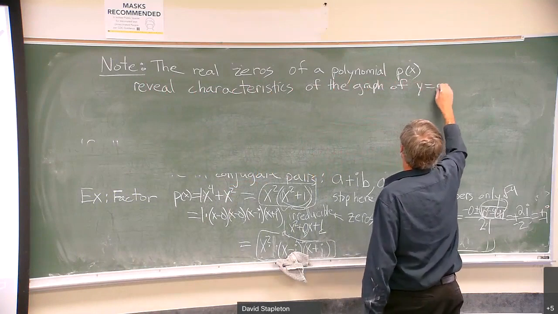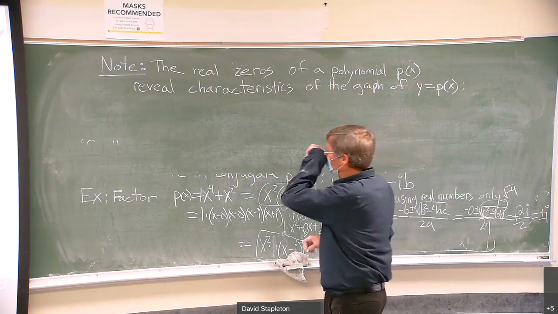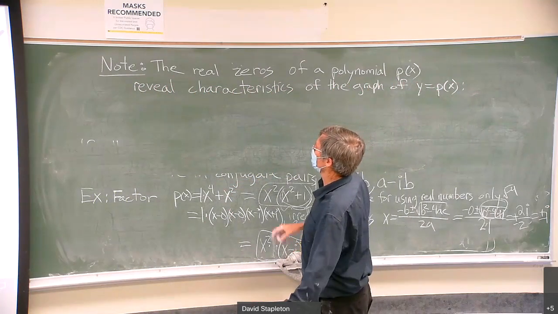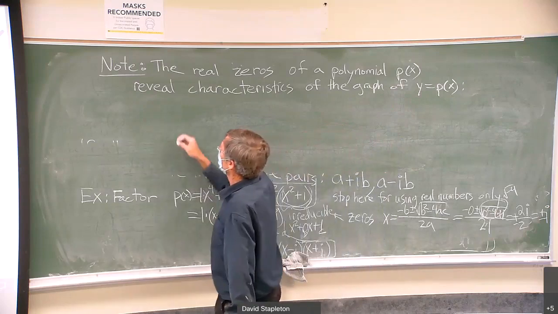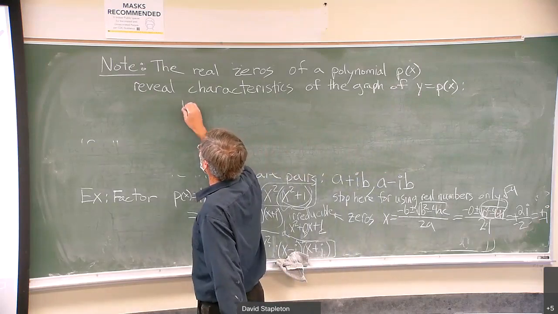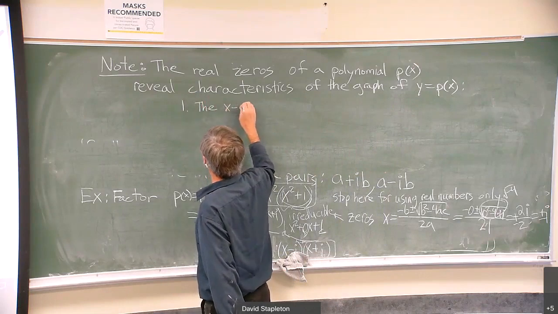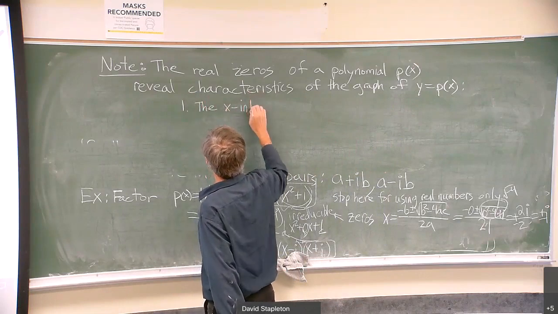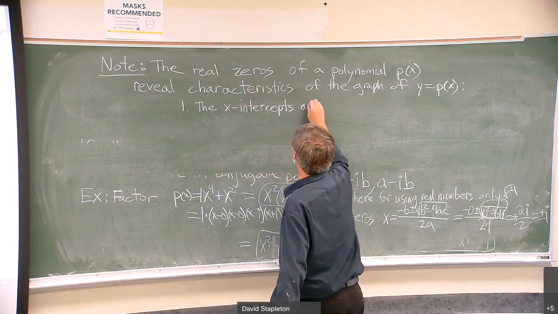You go to plot in the xy plane, y equals p of x. This is what you get. What is a zero? A zero is a number that you plug into p of x and makes p of x equal to 0. So by its very definition, the x-intercepts are the zeros, the real zeros.